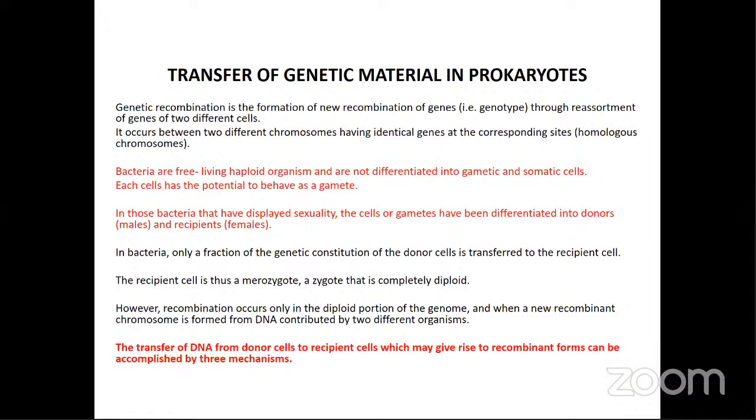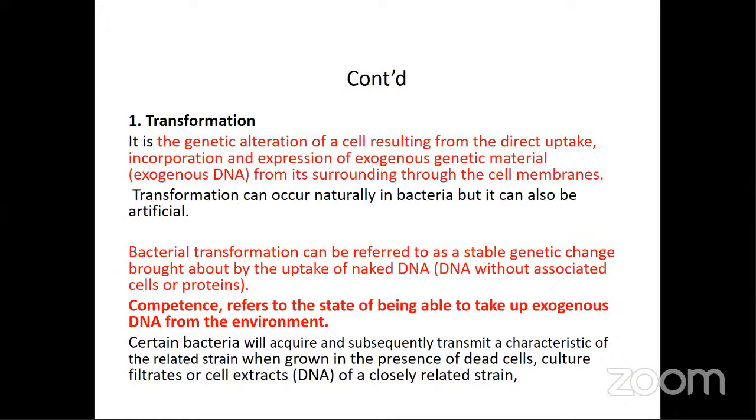So the transfer of DNA from donor cells to recipient cell, which may give rise to recombinant forms, can be accomplished by 3 mechanisms. The first one is through transformation. Transformation is the genetic alteration of a cell resulting from direct uptake or incorporation and expression of exogenous genetic material from the surrounding through the cell membrane.